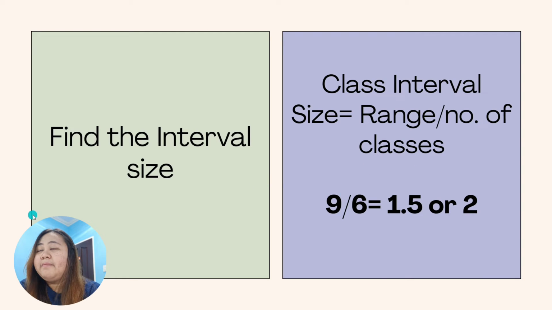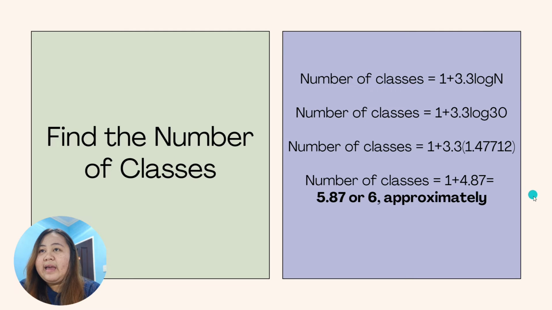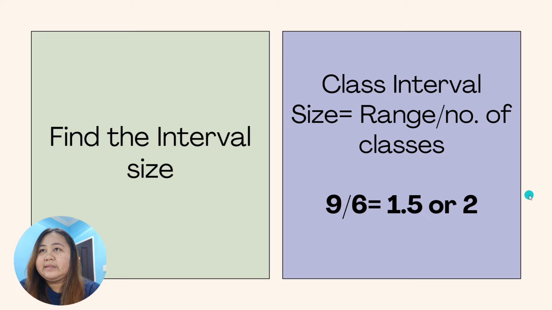So as you can remember, our range is 9 and our number of classes is 5.87 or 6. So 9 divided by 6 is equal to 1.5, to round off, or 2.